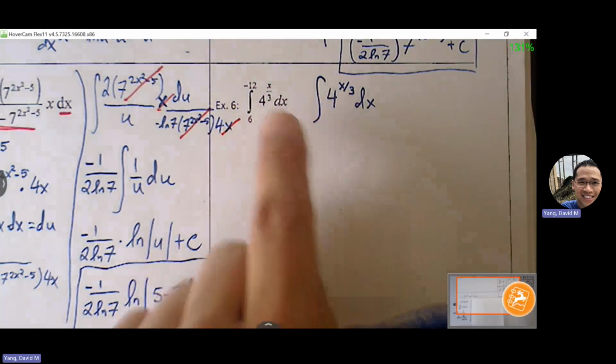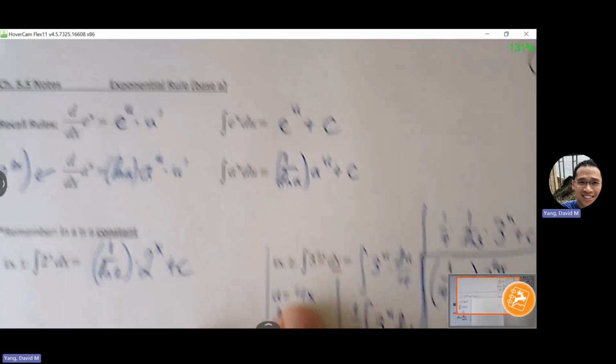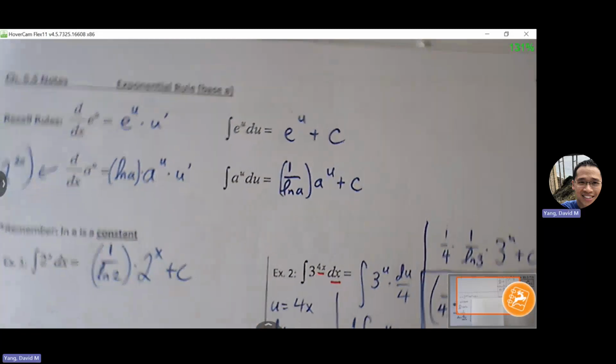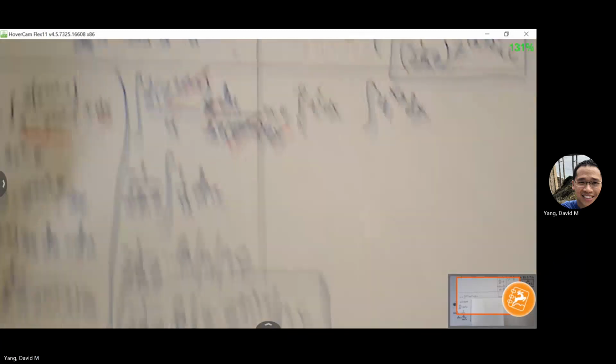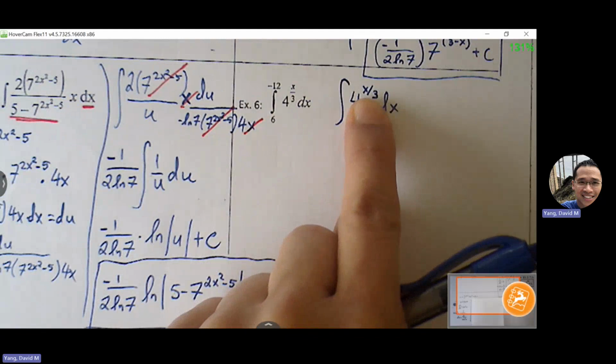So if this is a problem that we're working on, there's a little bit of work going on here. First off, do we see that this matches the a to the u rule pretty well? So we have to do a little bit of what though? Yeah, u substitution, right? Okay.